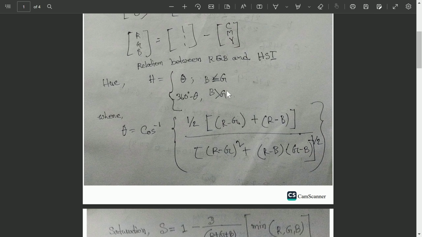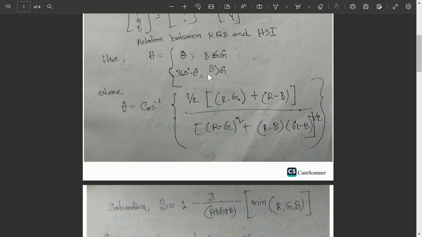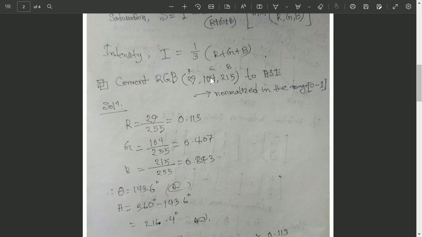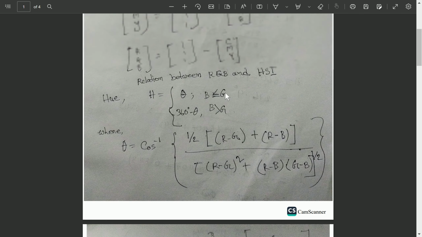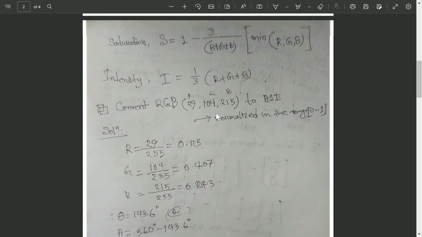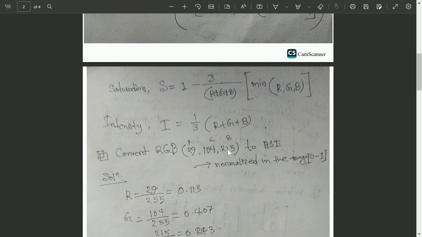And if we see what the value of H will be, here we need to notice the values of R, G, and B. We can see the value of B is greater than the value of G, so it satisfies the second condition. The value of B, that means 215, is greater than 104.